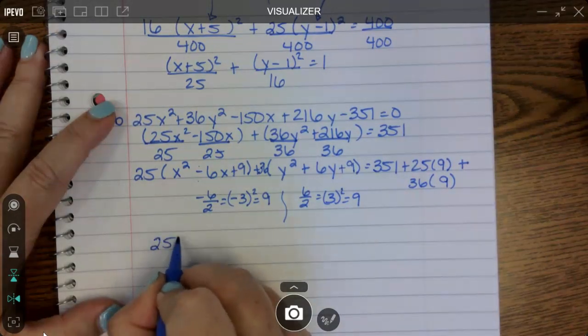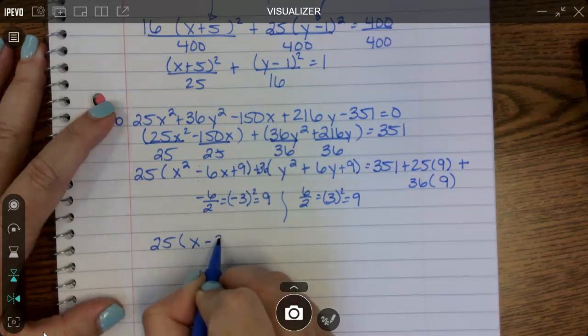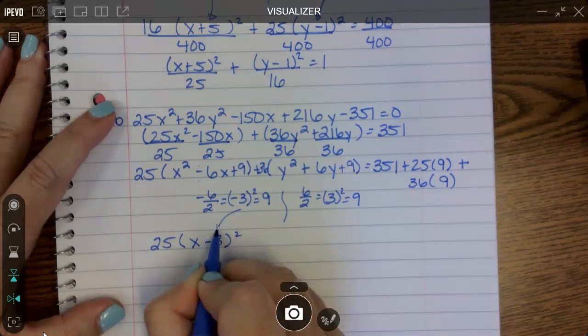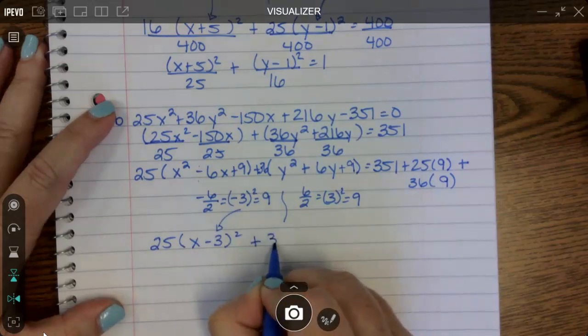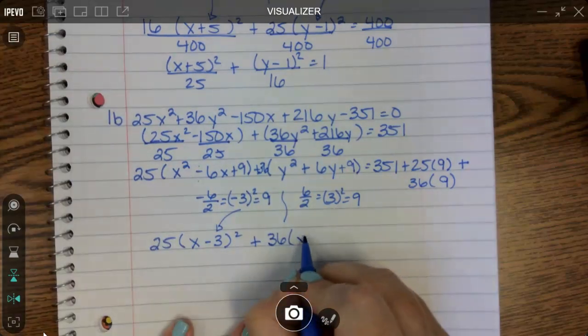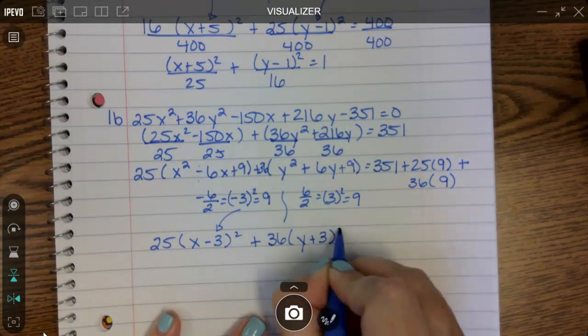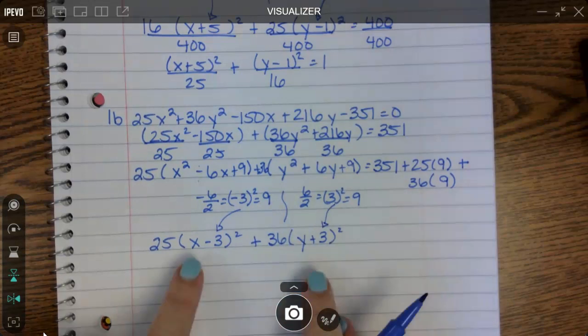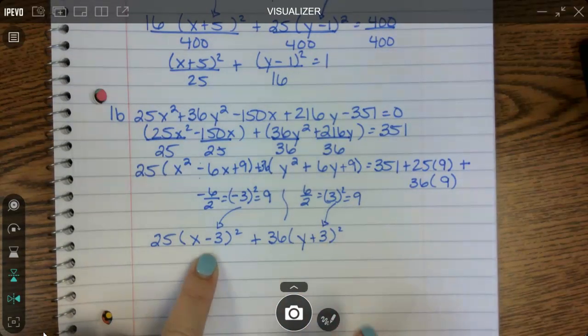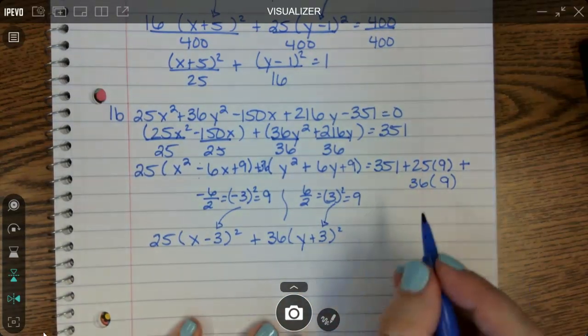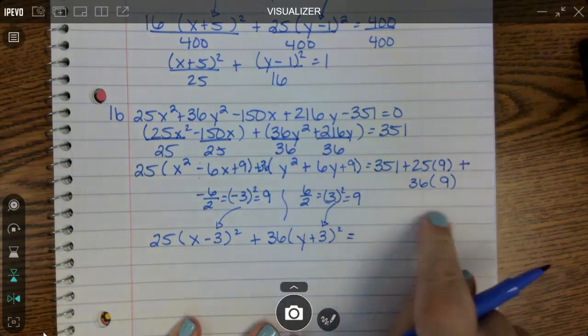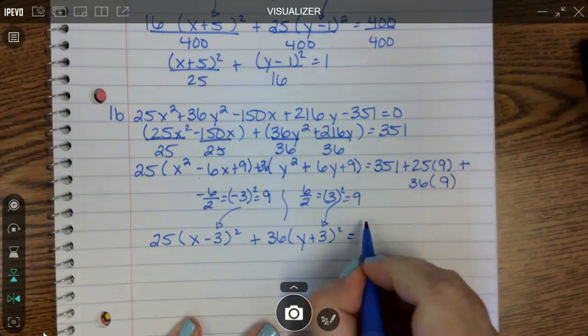So 25 times x minus 3 squared plus 36 times y plus 3 squared. It is okay to have two numbers of the same inside the parentheses. That is okay. Equals, and if I type all of this in, I get 900.